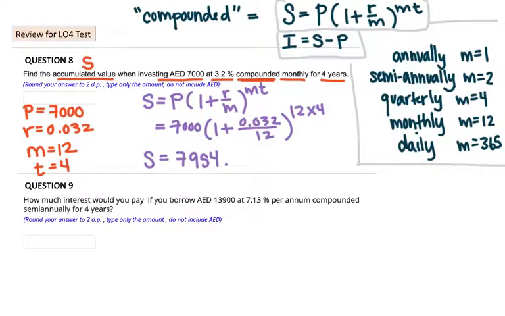Now my calculator says 0.515, but we round to 2 decimal places, so we say 0.52 dirhams.